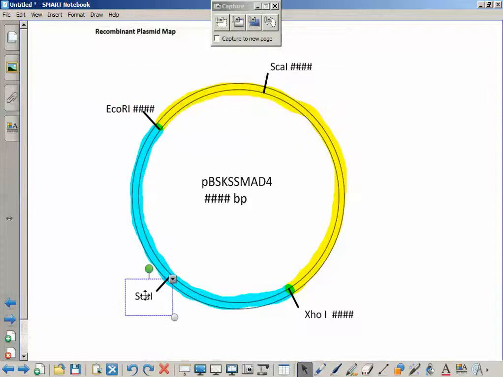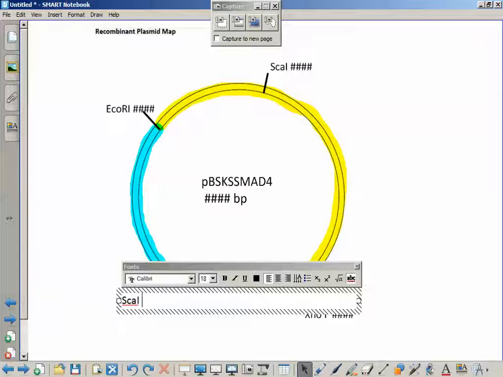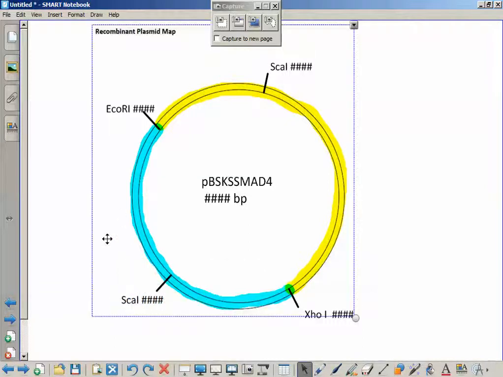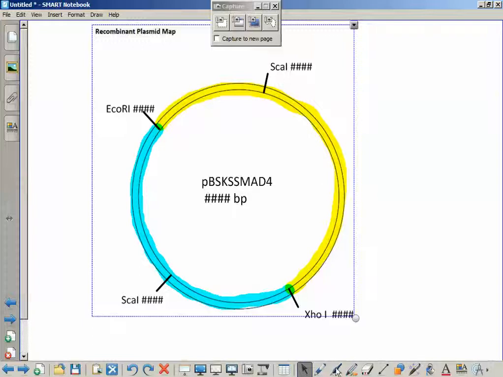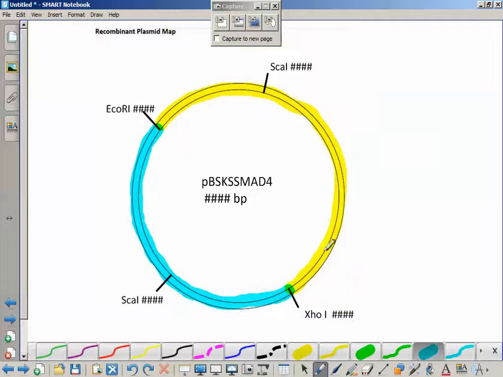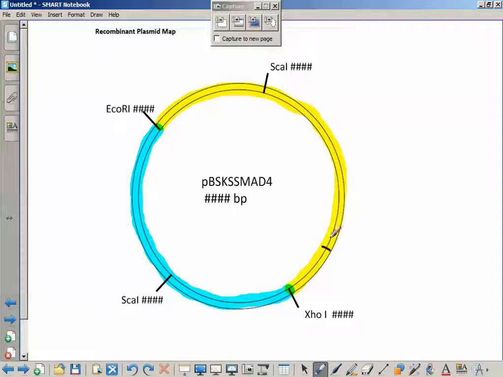Let's move that over a bit. So whatever those location numbers are, you then want to write in your fragment lengths. For example, if I go back here, this one is going to be the 1922. I'm going to write it, and it's going to be horrible, I'll forewarn you. 1, 9, 2, right? So that's my 1922 fragment, and the other one over here was 1361.